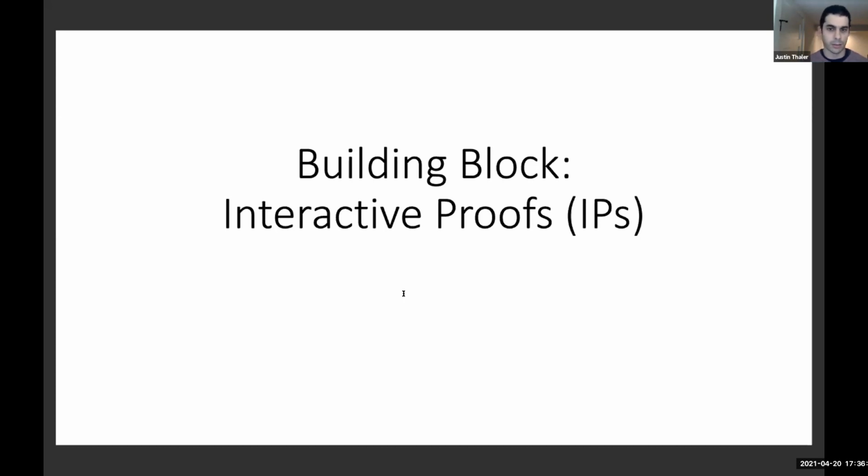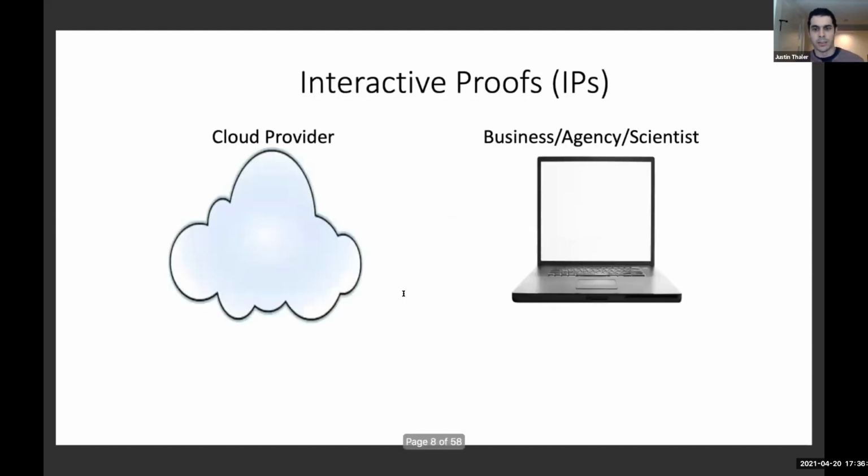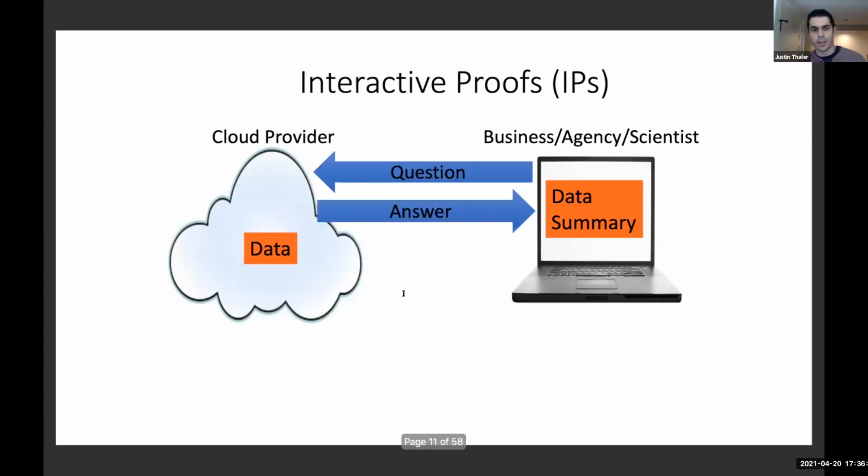Okay, so the sumcheck protocol was originally described not in the context of SNARKs, but in the context of interactive proofs. So I'd like to briefly remind everyone what an interactive proof is. You can imagine there's some computationally weak verifier, think your laptop or your cell phone, that ships a bunch of data up to a powerful prover like a cloud computing provider, and then asks this prover a question about the data.